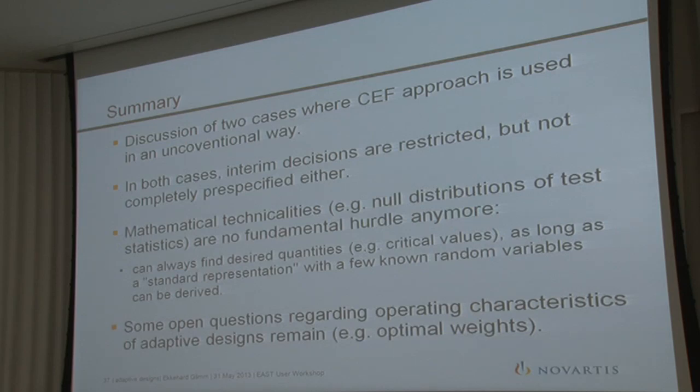And that's much easier than maybe it was like 20 years ago, when it was really important to work out these null distributions. But of course, there are still some open questions regarding the operating characteristics of such suggestions.